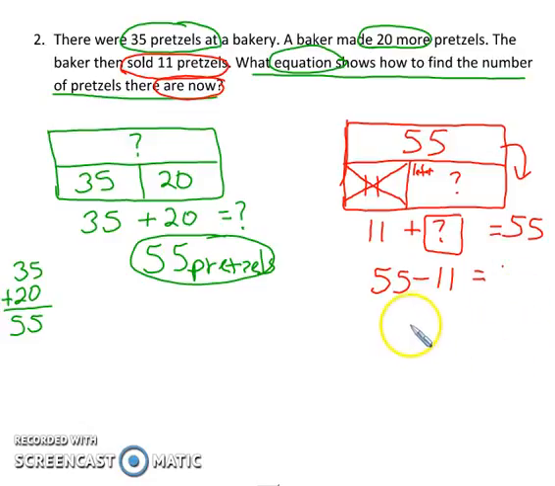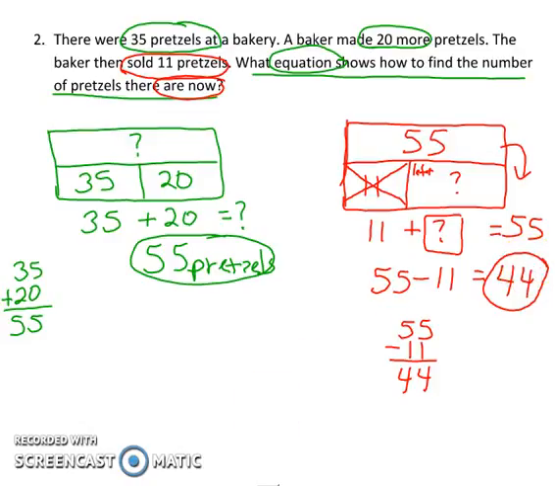Off to the side or underneath like I'm going to do, we have to write it vertically. We don't subtract horizontally. 5 minus 1 is 4. 5 minus 1 is 4. Now he has 44 pretzels.